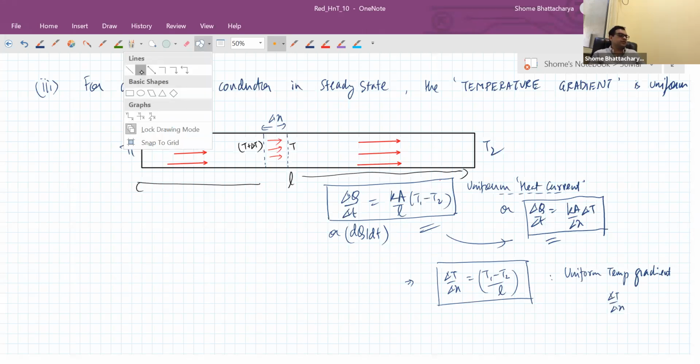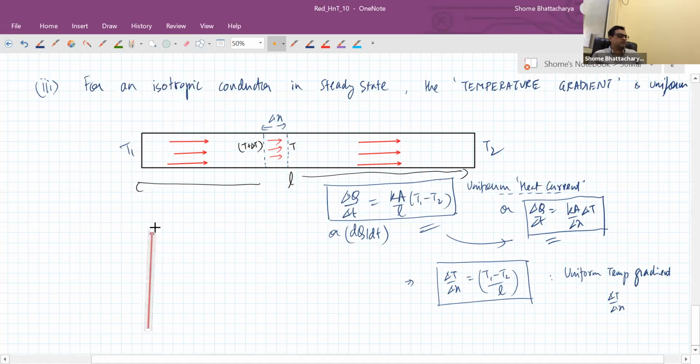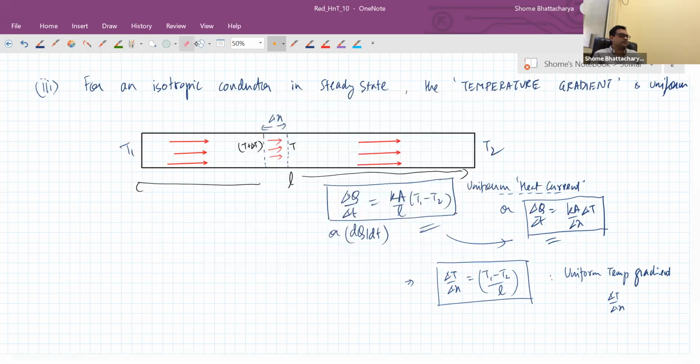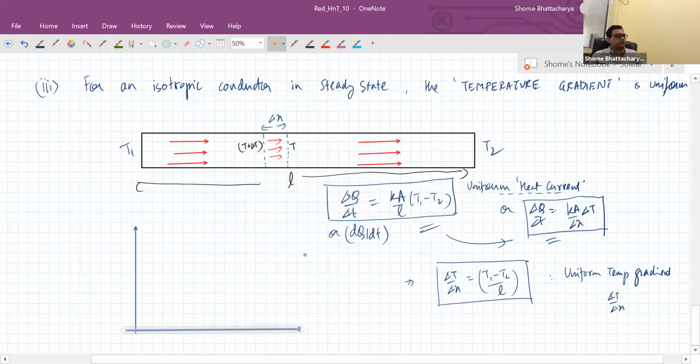So if we are to visualize the relationship between temperature and position inside the rod, this would show us the temperature at any point, let's say over here, at a distance of x from this end.